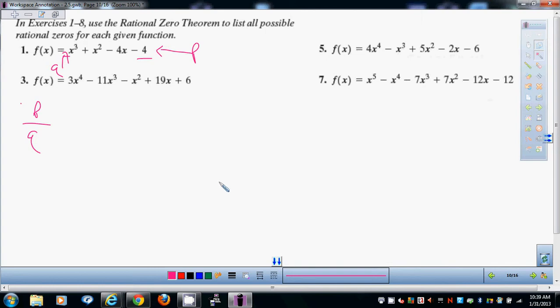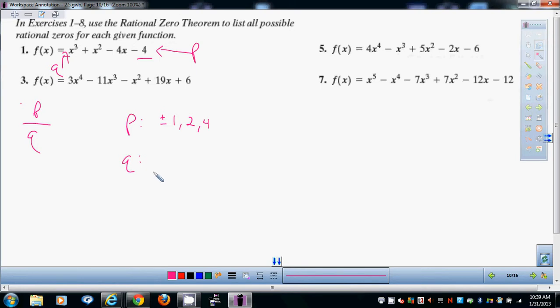So, here's how you do this. Number 1, first thing you have to do, just like you did back in pre-algebra, list all the factors of 4. What are they? 1, 2, and 4. And now you have to take into consideration positive and negative. Always. You always have to do that. What is our leading coefficient?